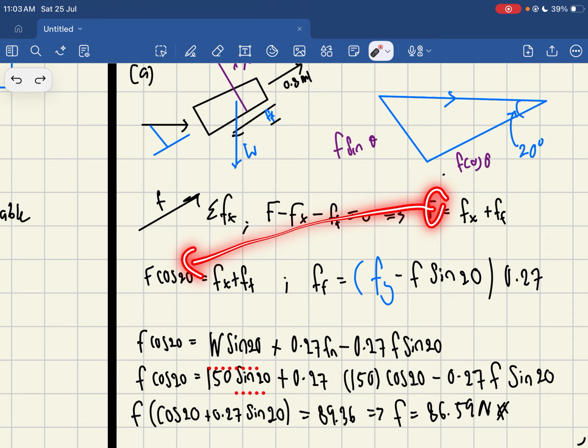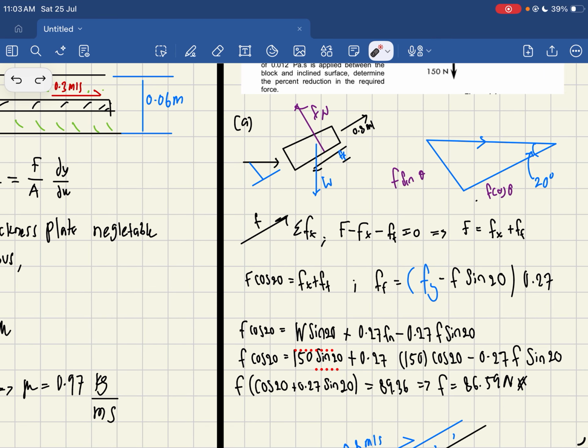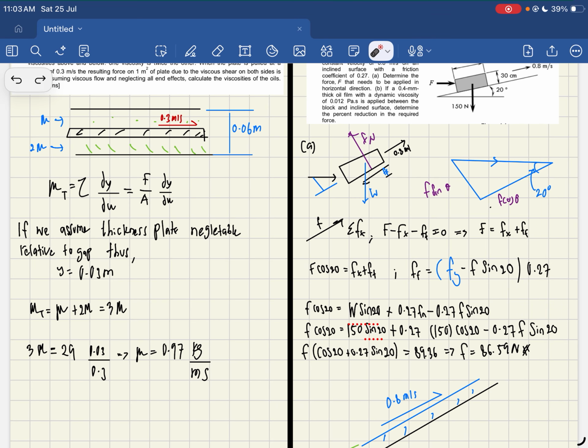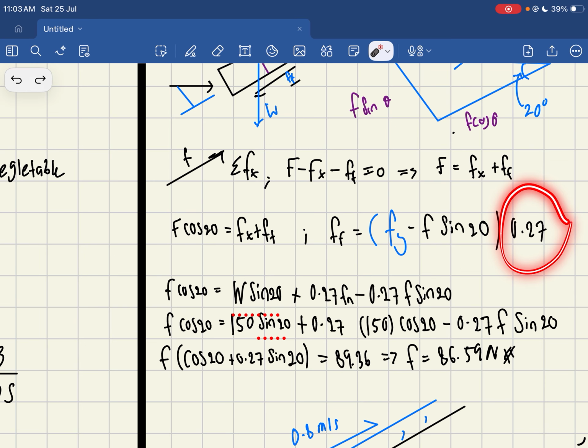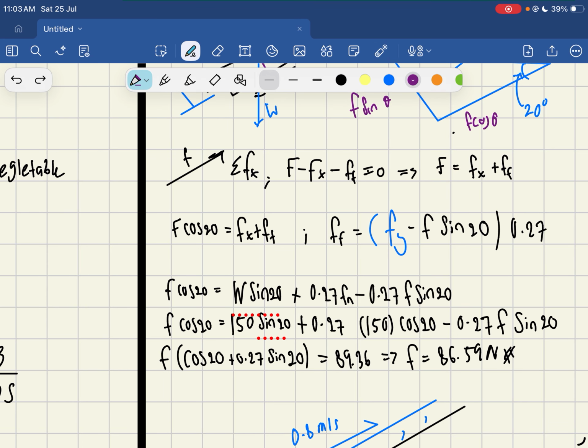Resolve F into its x component, and the friction force is equal to the normal force times the coefficient of friction. There is a normal force because we make an analysis in the upward direction.